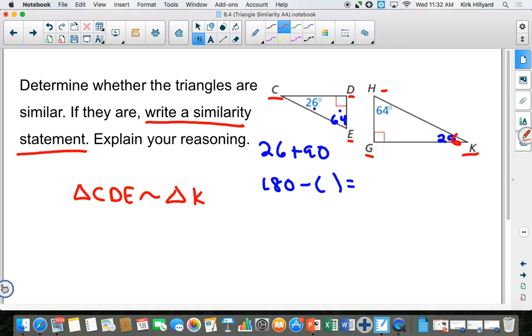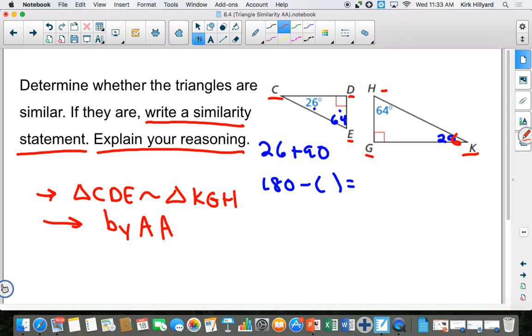Is similar to triangle K, and then I went to D last time, so the right angle, so I go to the right angle this time, so K, G, H. Then I would like you to state down below, just get used to writing this, by AA, which stands for angle-angle, and that's explaining your reasoning. So this is the similarity statement, and that is explaining your reasoning. I don't think that's asking too much.